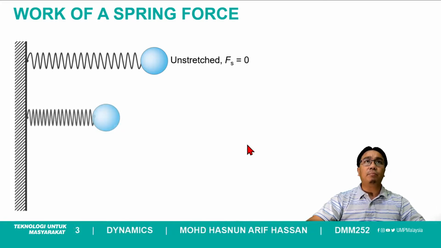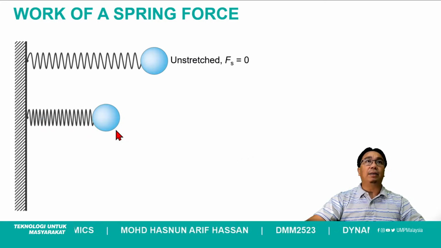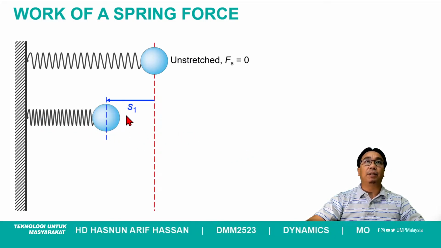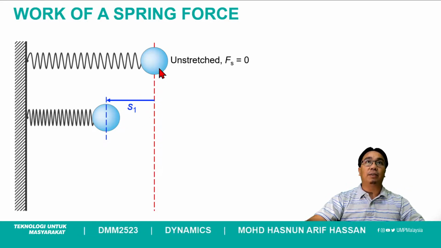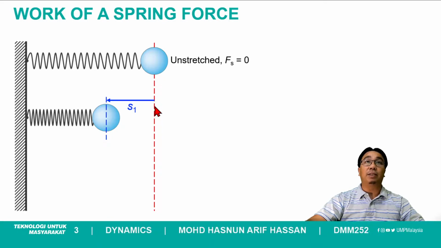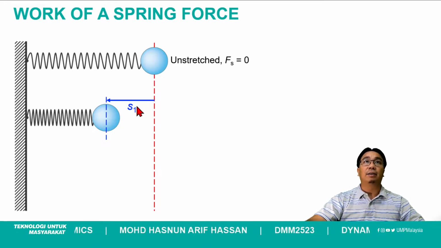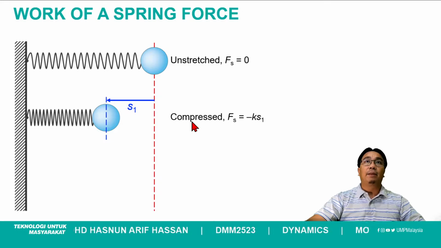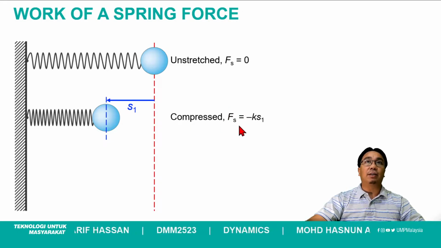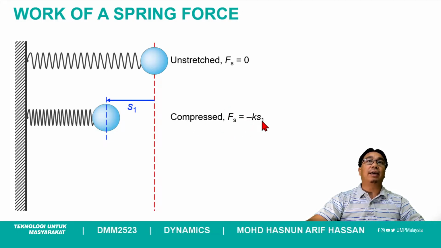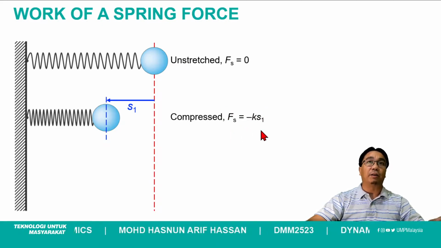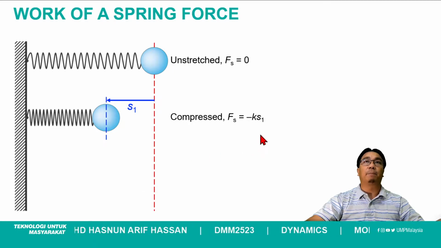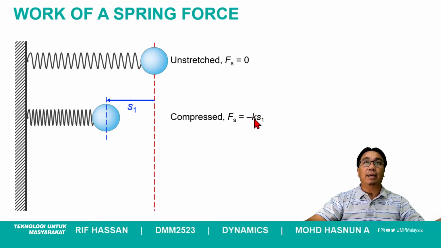Okay. If now the spring is compressed, dan kita tahu jarak compression from the natural position of the spring is S1, then the spring force now becomes negative k S1. Ini spring force, belum work done lagi ni. Ni baru cerita pasal spring force. Negative k S1. Ada negative sign kat sini. K ni apa?